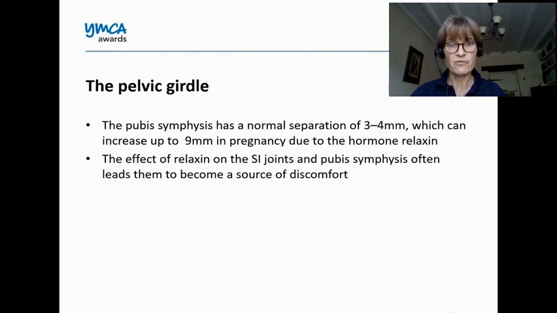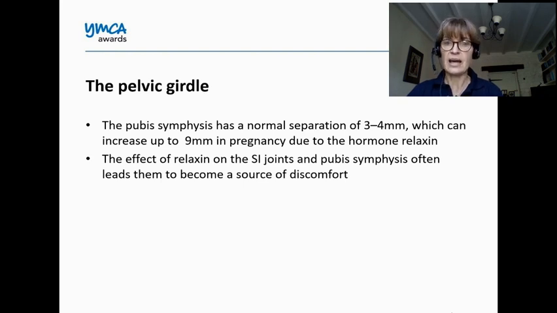So as I mentioned before, there's a difference in pregnancy in the pubic symphysis. So normally it can only move just a few millimeters, but in pregnancy, the body releases a hormone called relaxin, and it does what it says on the tin. It relaxes the ligaments to allow up to 9 millimeters of movement to obviously let the baby come out.